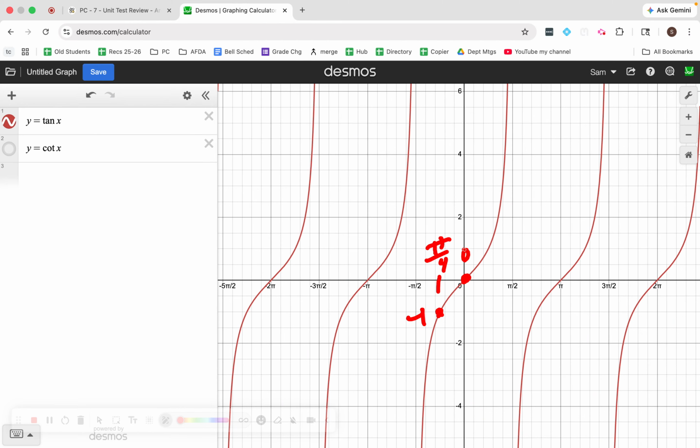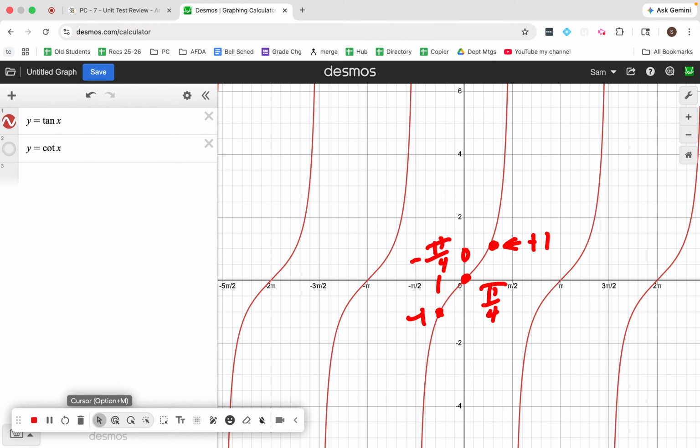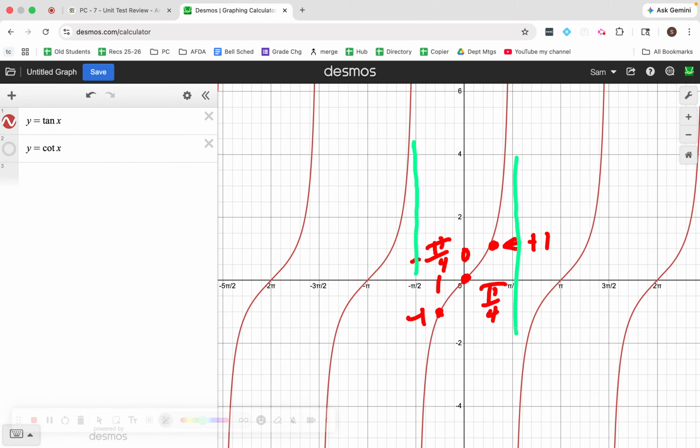At 0, your y will be 0, and at positive pi over 4, you'll be at positive 1. And you will have asymptotes right here, right here. And the x of this is negative pi over 2, and the x of this is positive pi over 2.